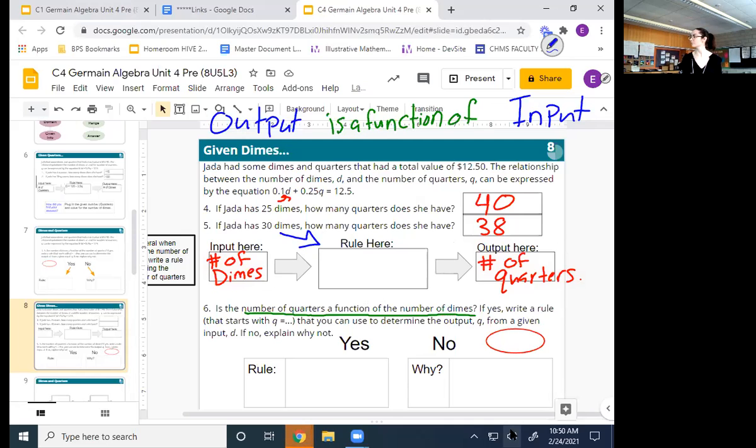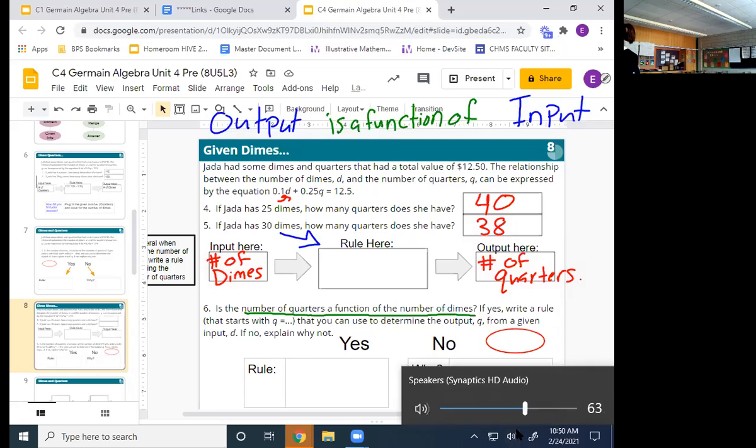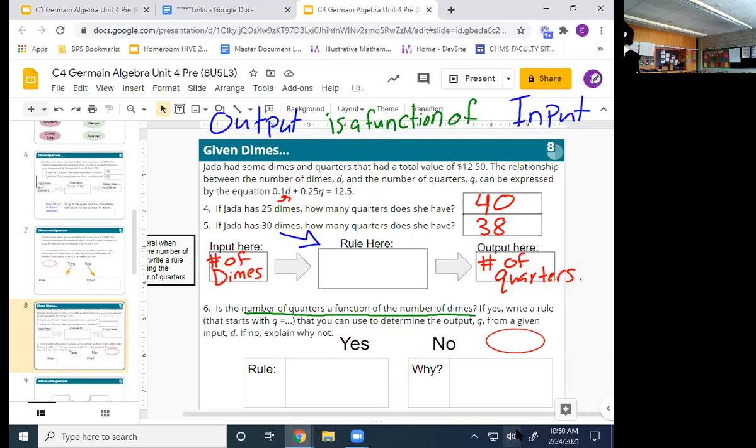I solved the equation and then I wrote it down as Q equals 12.5 minus 0.1D. Very good. So she said to herself, I need to solve or isolate for that output, right? So I need to solve to get that Q by itself.